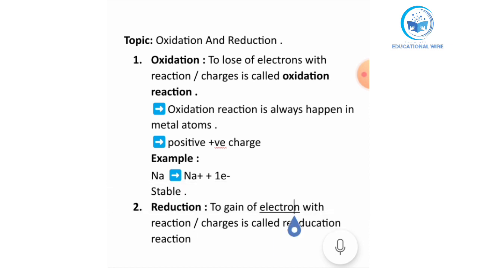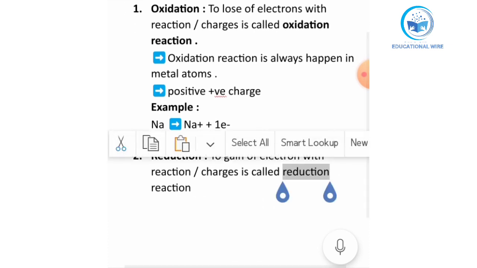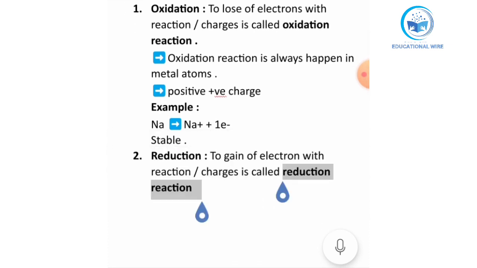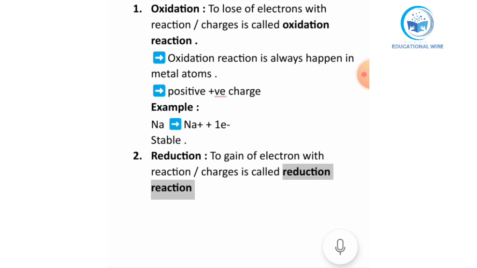Now we have some key points here. The first key point in oxidation was that the reaction always happens in metal atoms.